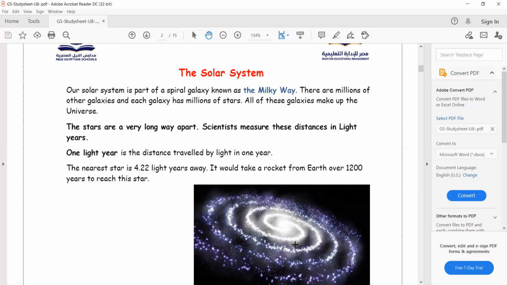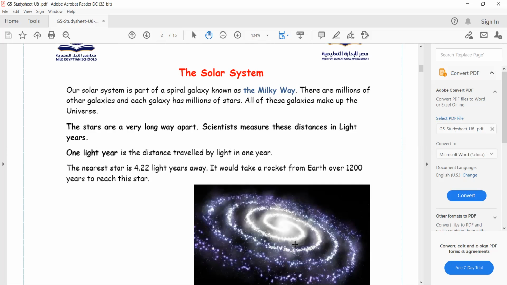The stars are a very long way apart, so scientists measure these distances between the stars or in the universe in a unit. It's called the light year.